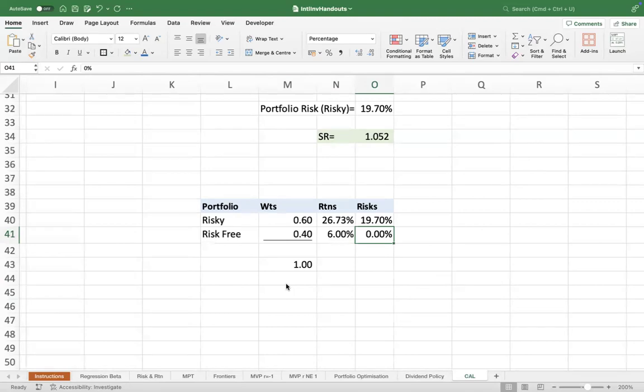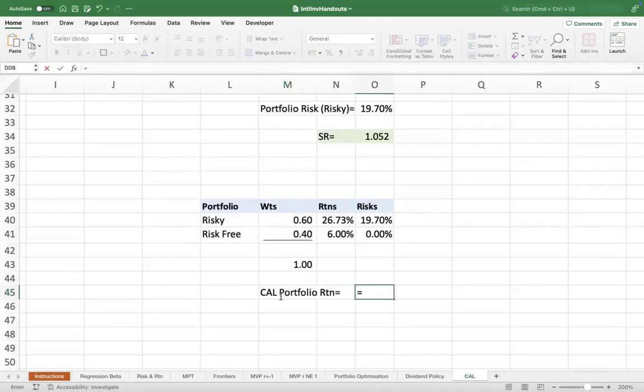So what do we need? The CAL portfolio return would be equal to, what will it be equal to? Correct. Sum product of my weights and my returns. And what is my CAL portfolio risk? Do I have to do the whole formula again? Not required.